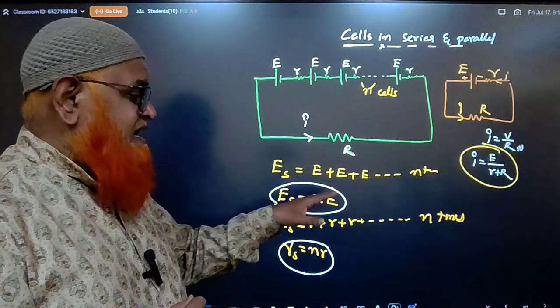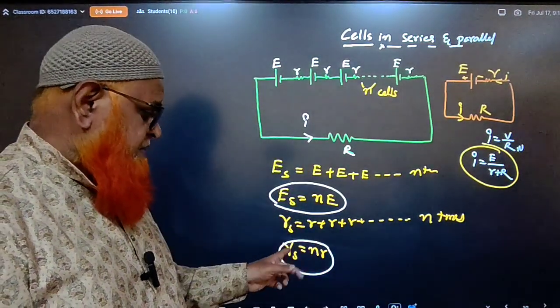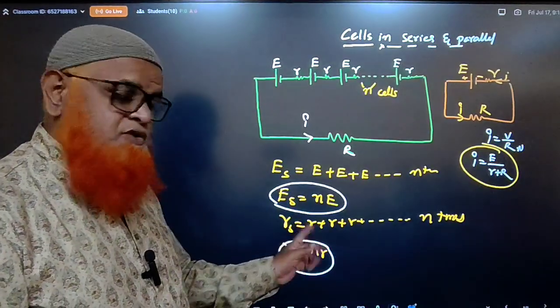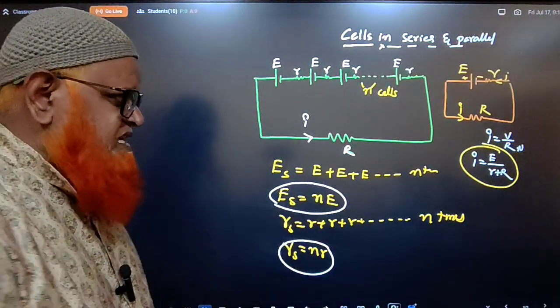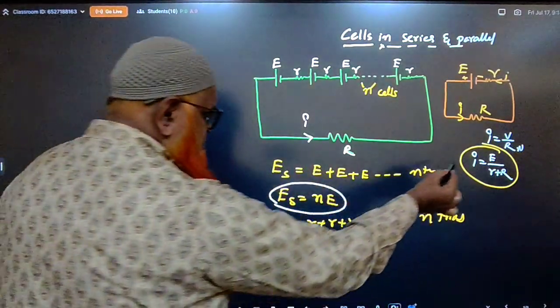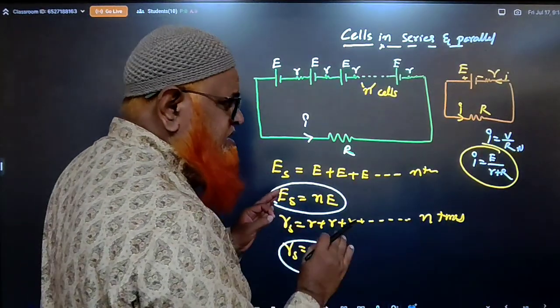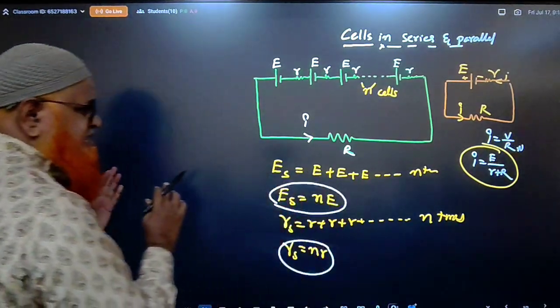Similarly, you multiply N into E, and for series connection N into r. That's it. The basic formula is not going to change here. This is the basic formula for all the cells which are connected.